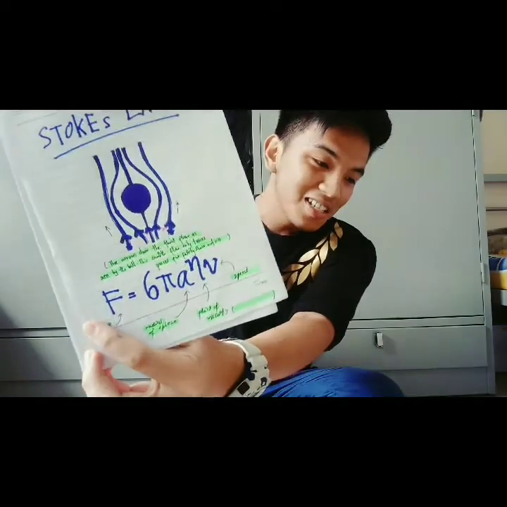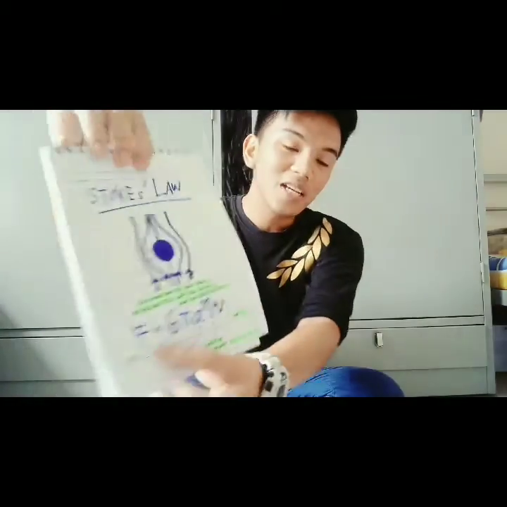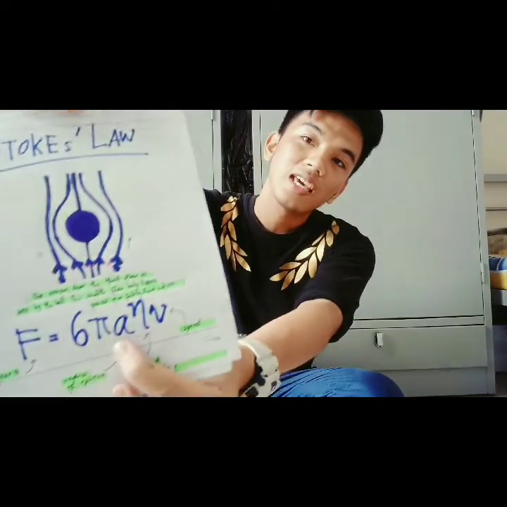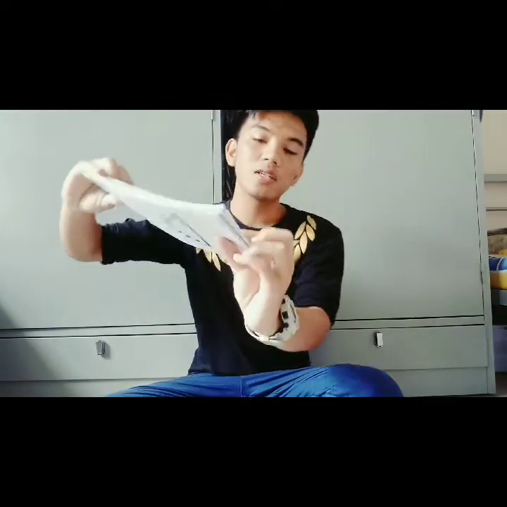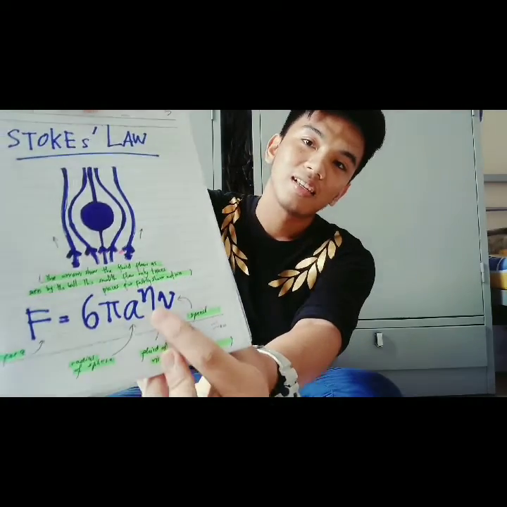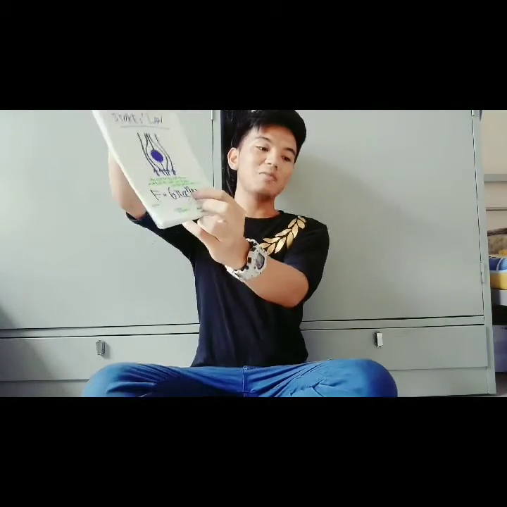So the drag force on a sphere of radius a, moving through a fluid of viscosity eta, at speed u, is given by F equals 6 pi a eta u.